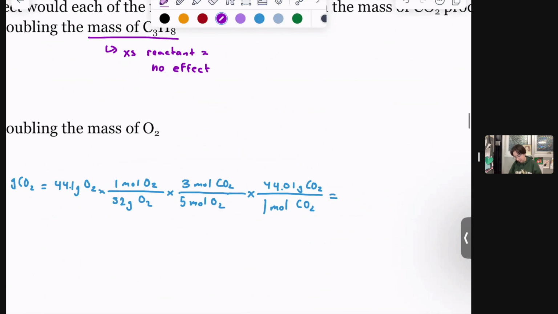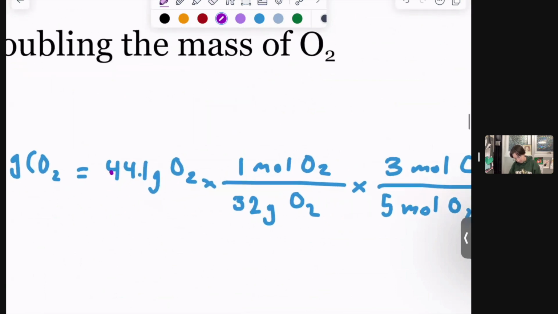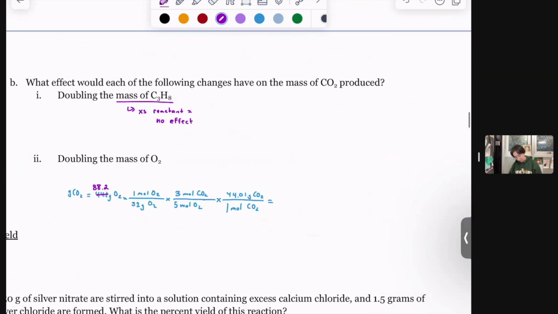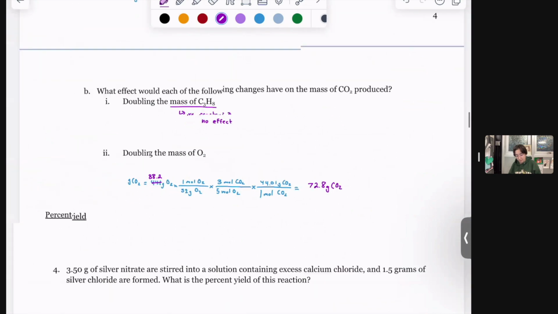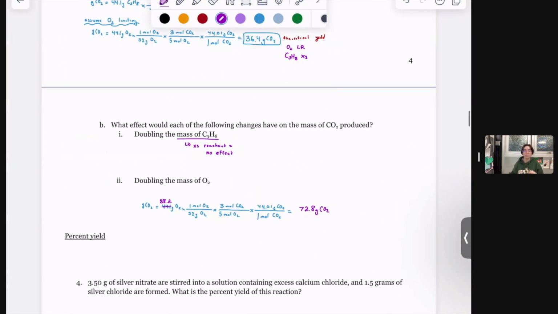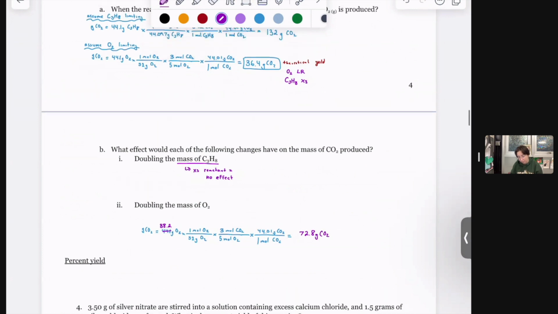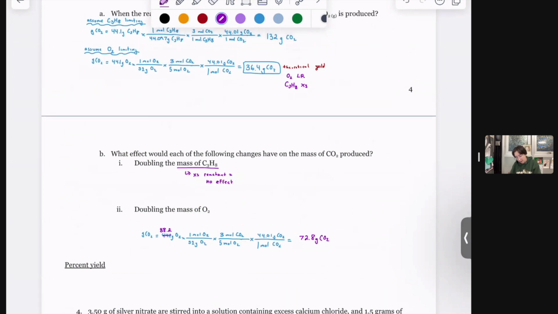It says that if I double the mass of O2, so instead I started with 88.2, what would my effect be? And I multiply across, and that is going to be 72.8 grams of CO2. So if it asks for the new yield, that would be the new yield. If it just asks to compare, like what effect that change would have, I could look back at here versus here. It increased by 2.